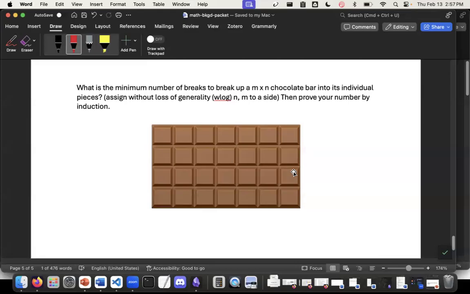Without loss of generality is, if I chose to assign n to the 4 and m to 7, I could have chosen differently.